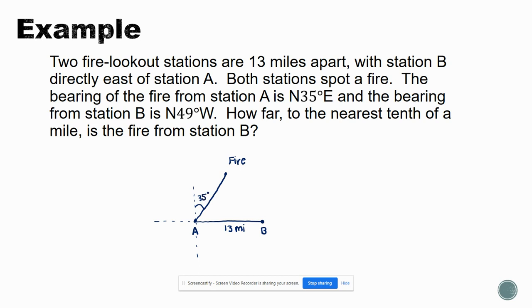Now we're talking about the bearing from station B to be north 49 degrees west. Once again, I want station B to be the origin of this bearing.